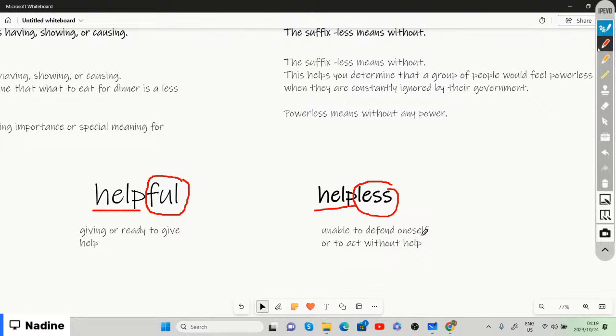And that is basically the two differences. Yet we have our base word, which is help, and the words that were added at the back of the base word are called full and less, which is another word.